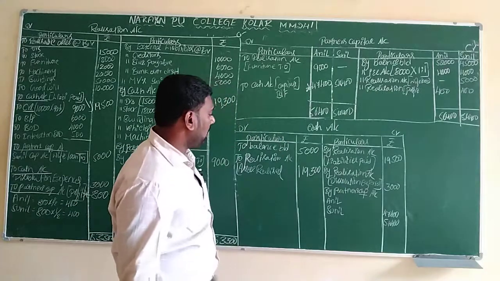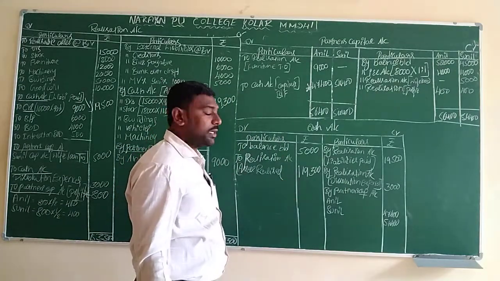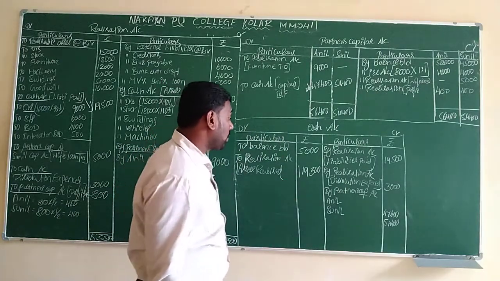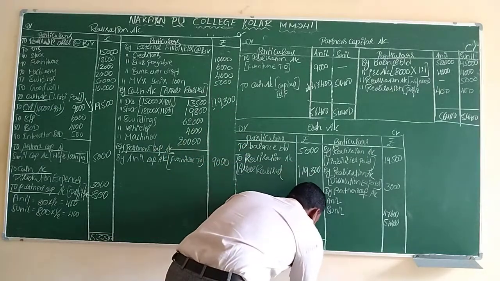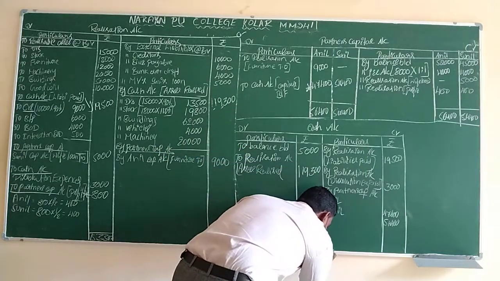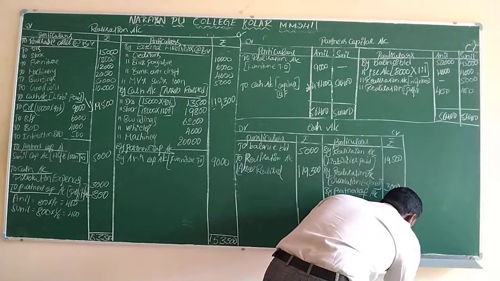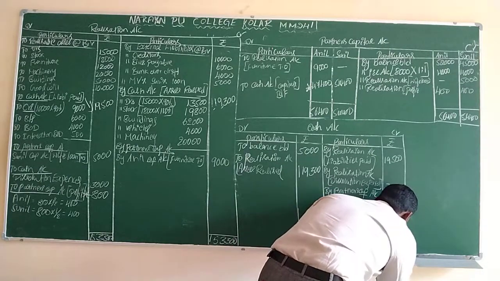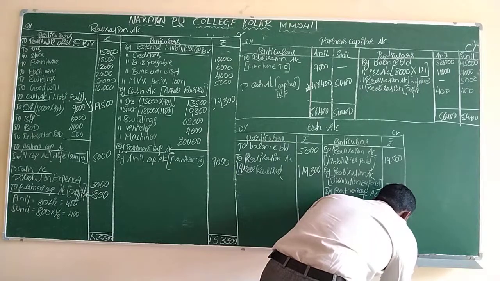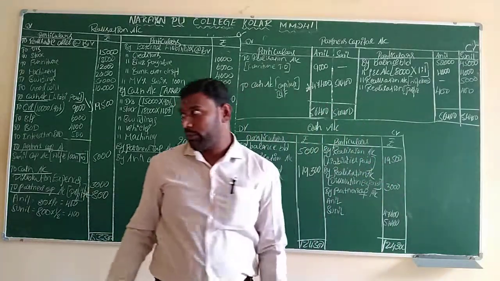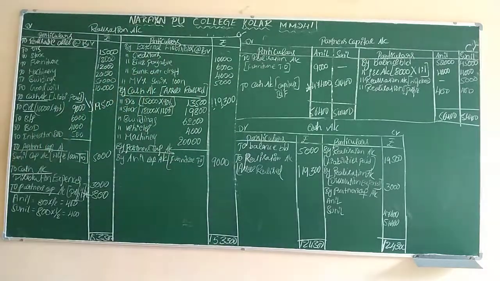Therefore, totally 1,19,300 plus 5,000 is 1,24,300. The same value, 1,24,300 rupees, we have to get on both sides. After transferring the values on both sides, we have to close the columns of the cash account.